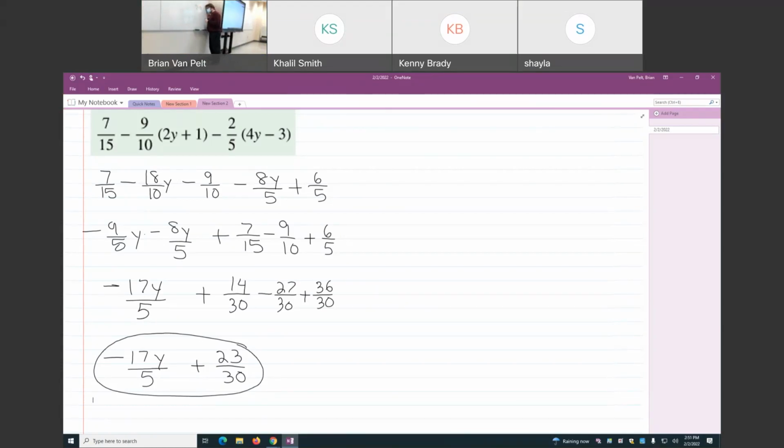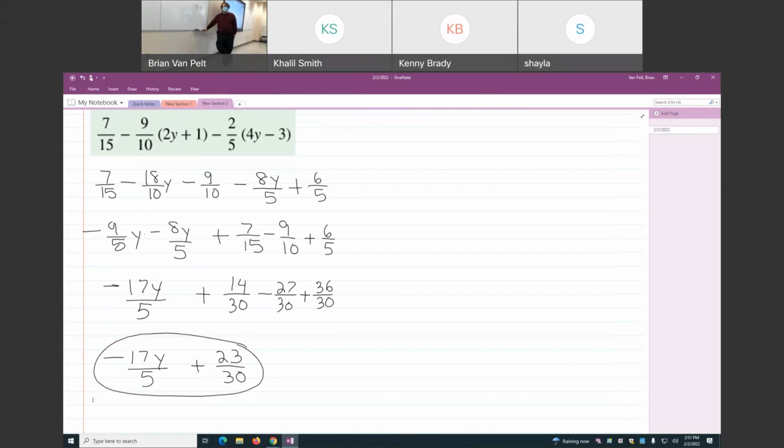I put them together, starting by making the denominator the same. So that changed mine completely. I ended with 2y over 10 and turned it into 1y over 5.